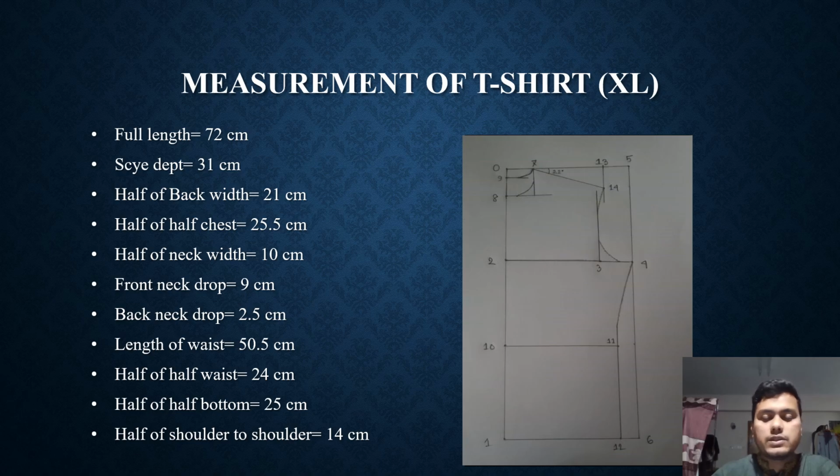And half waist, that is 24 centimeter, considered from 10 to 11. And the half bottom, that is 25 centimeter, considered the line from 1 to 12. And the half shoulder, it is 14 centimeter, considered from 0 to 13.